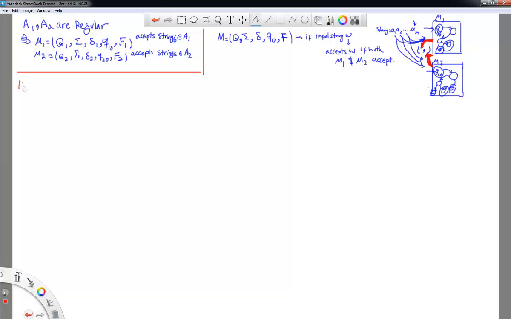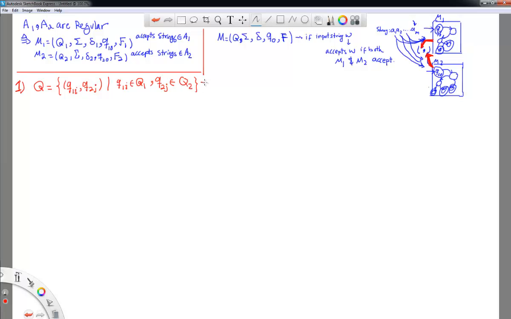So the first idea is to create our states for the automaton M, which is Q. I'm going to make Q a set of pairs (q1i, q2j) in such a way that q1i belongs to Q sub 1, the states from the first automaton, and q2j belongs to Q sub 2, the second automaton.